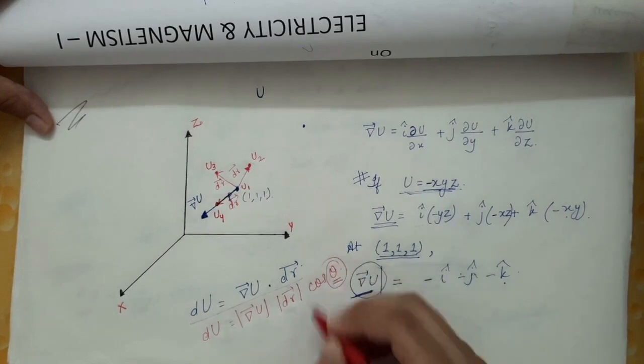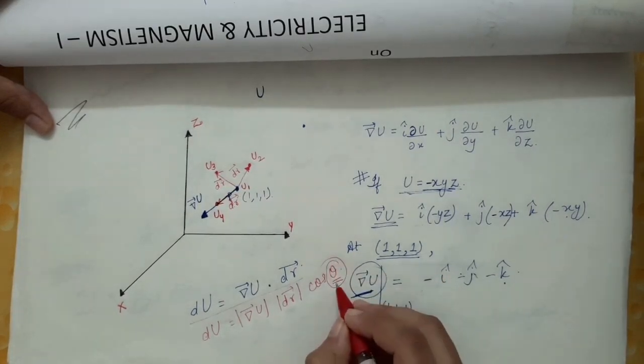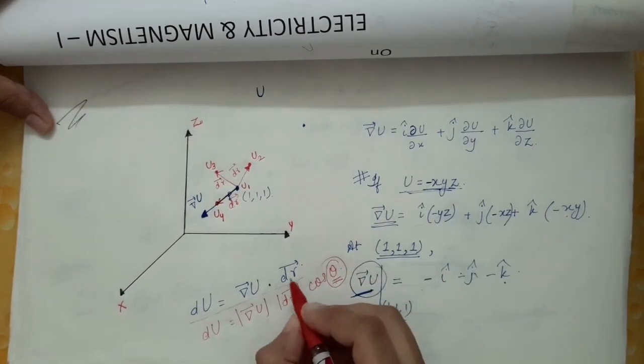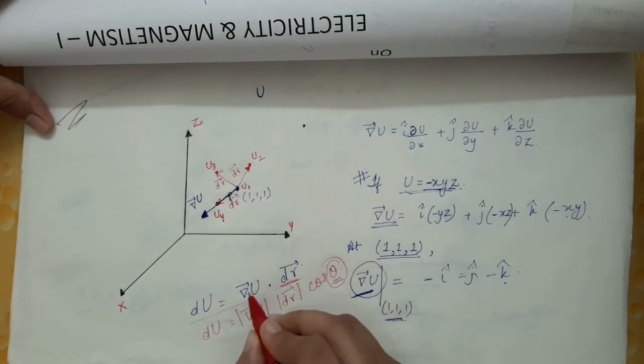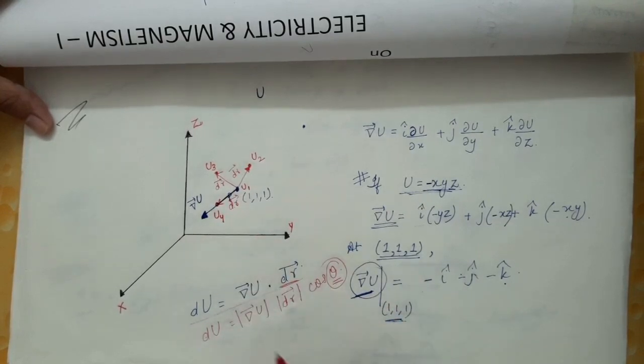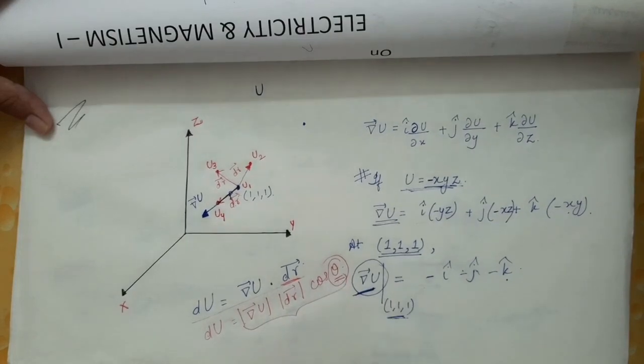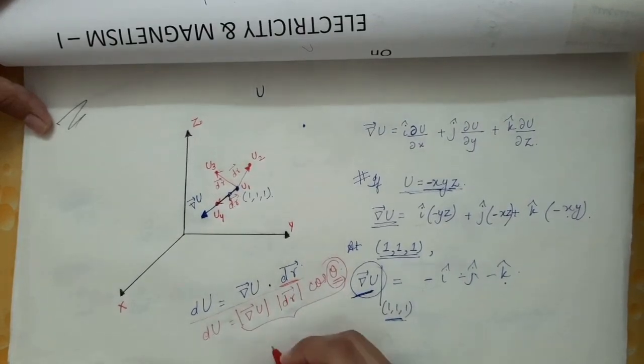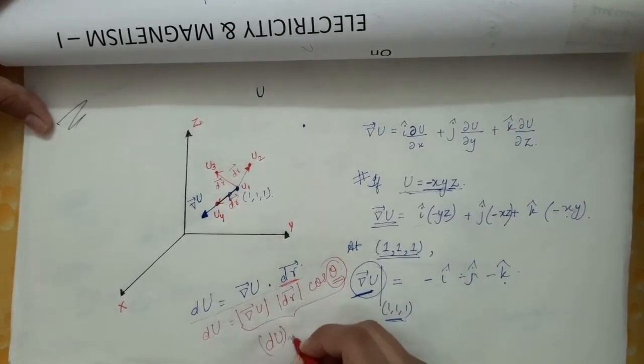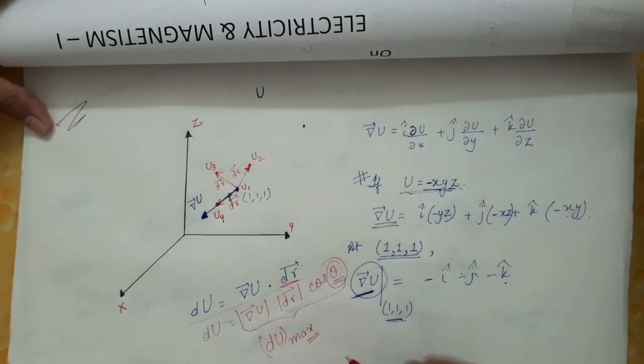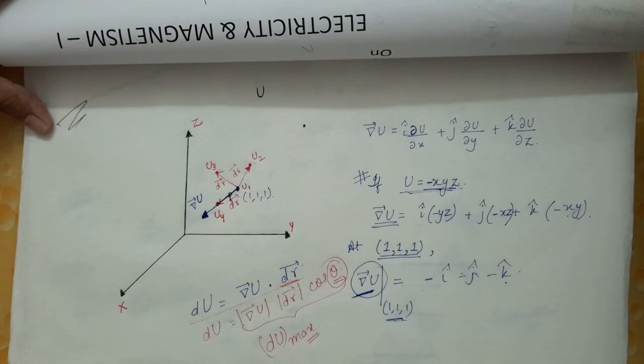So when theta is equal to 0, that is, the dr vector is pointing along the gradient, in that case the right hand side will be maximum, meaning du will be maximum. So when you are moving along the gradient of the scalar function, the change in the scalar function is maximum.